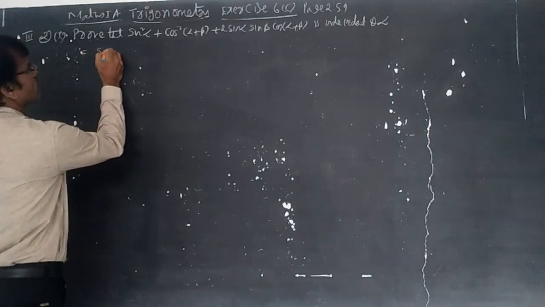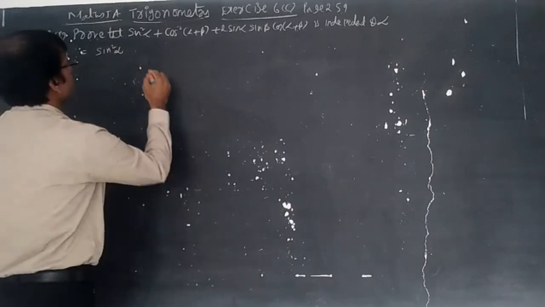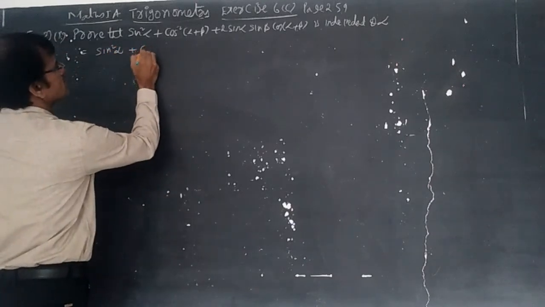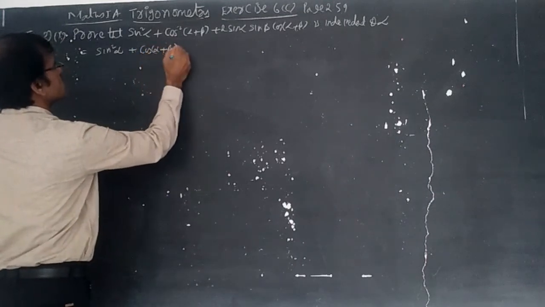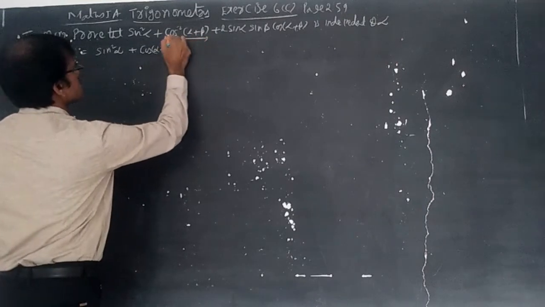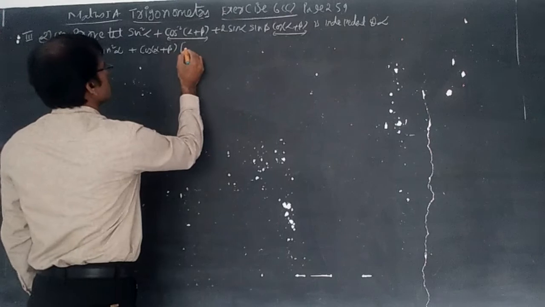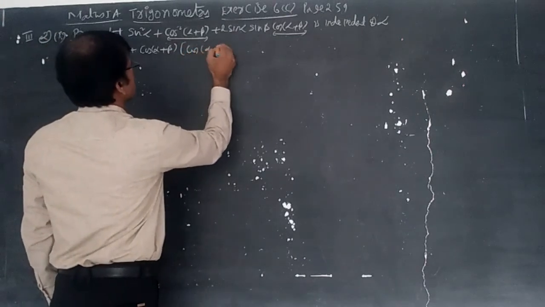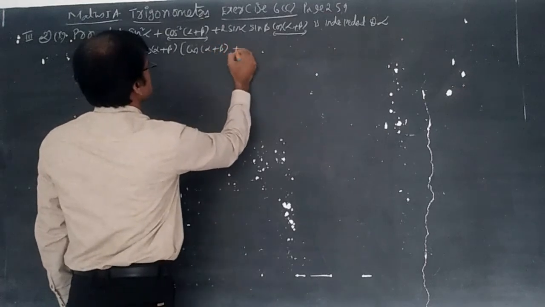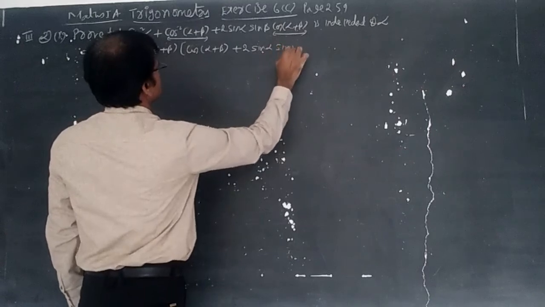Sin square of alpha plus, here take common cos of alpha plus beta. Here cos square is there, here simple cos term is there. So take cos of alpha plus beta common. So here you can write cos of alpha plus beta plus 2 sin alpha sin beta.